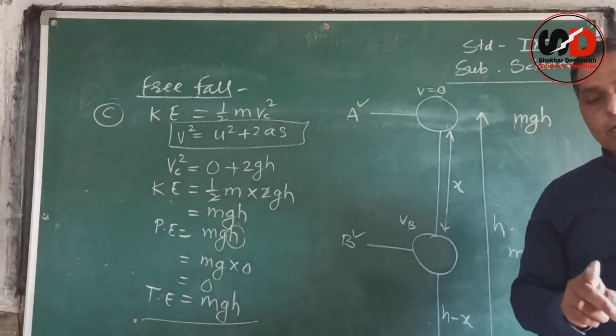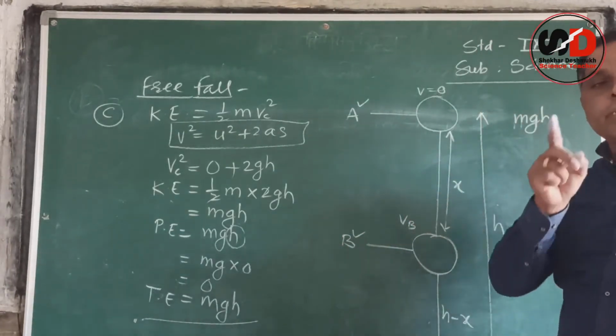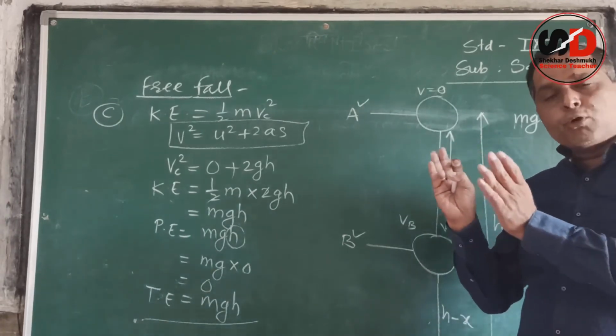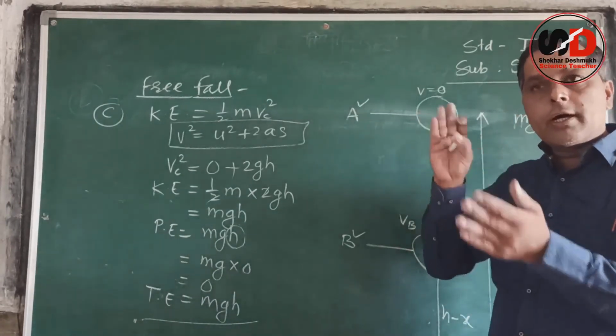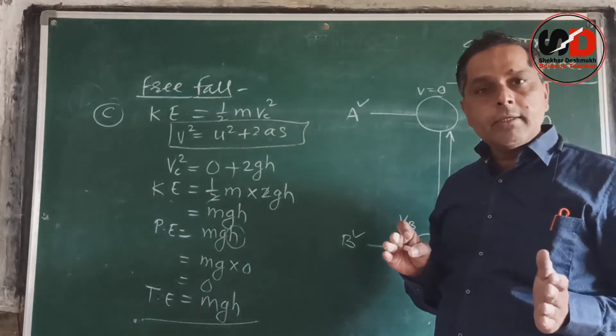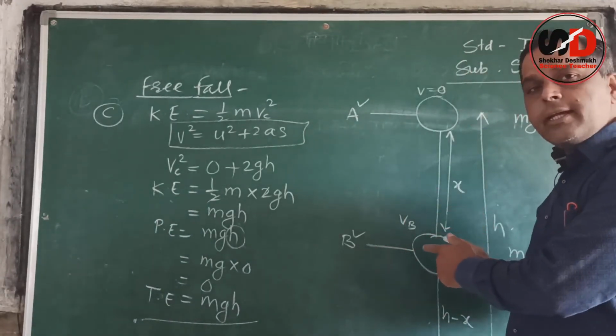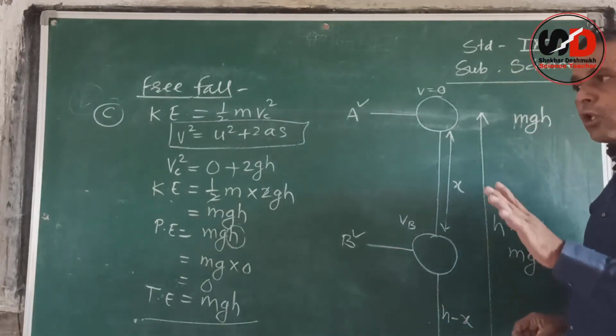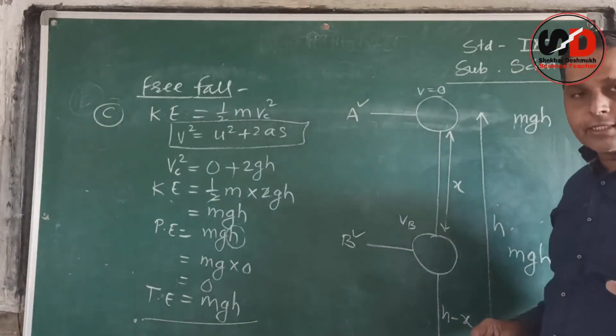But still the total energy always remains constant. Only potential energy is converted into kinetic energy, and the total energy always remains constant. So this is nothing but the law of conservation of energy.